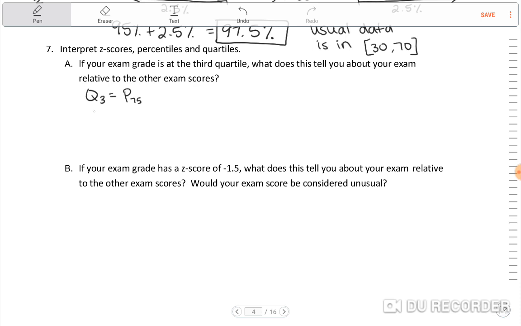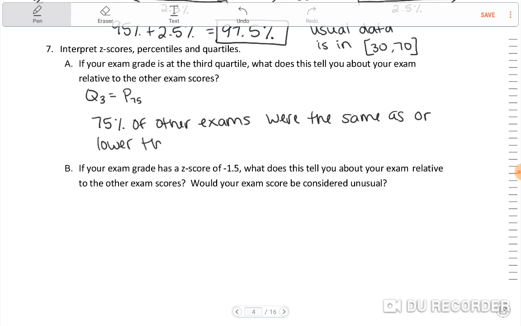So what does this tell you about your exam relative to the other exam scores? I would say 75% of other exams were the same as or lower than mine.